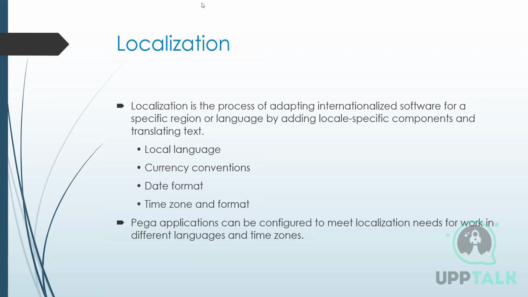So considering the locale specific aspects, like maybe date formats could be there, or time zones, or maybe currency related entities could be there. So these things have to be specific to the geography or specific to the locale, right?